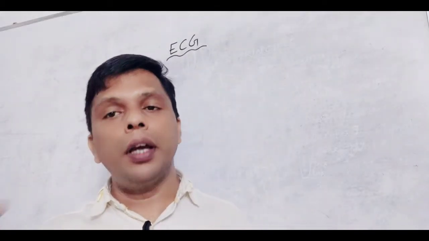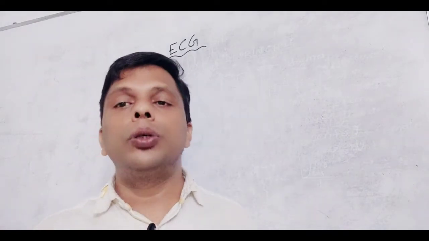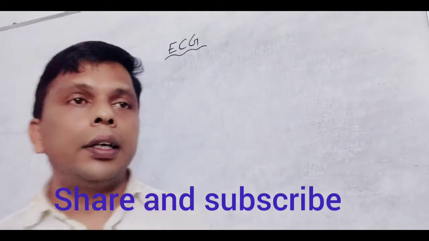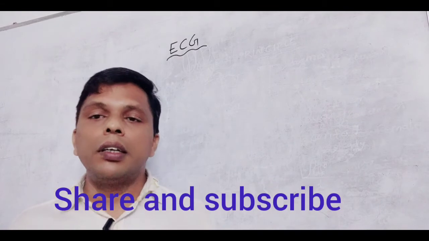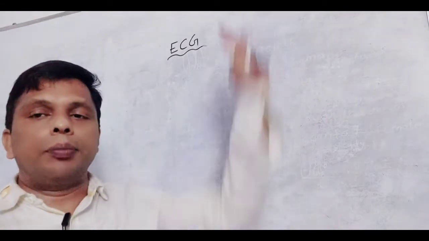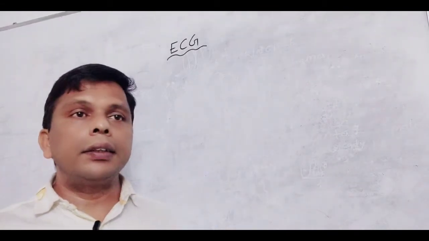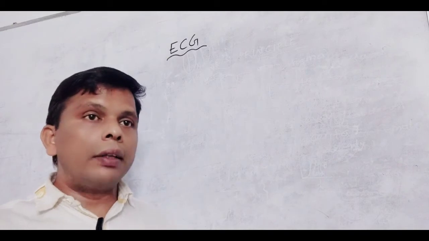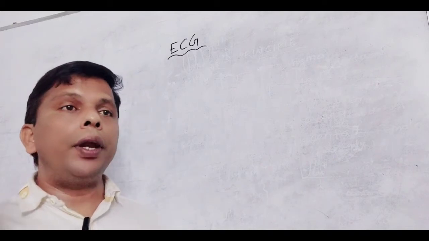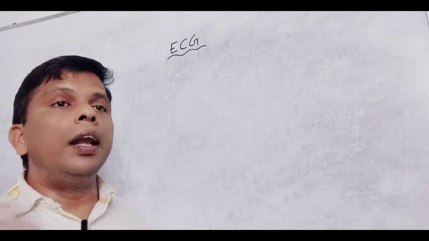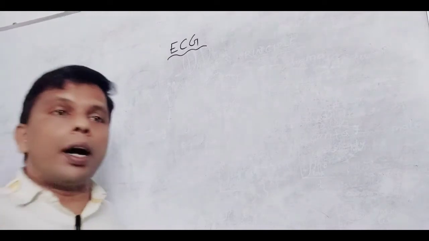Let me clarify all the events which take place during the process. Then what do you mean by ECG? The ECG is otherwise called a graphical representation of electrical activity of the heart.